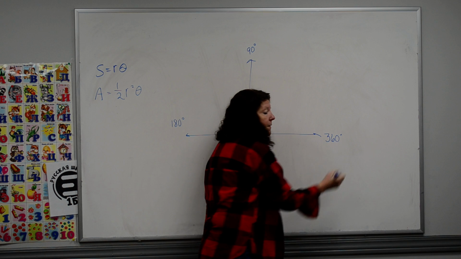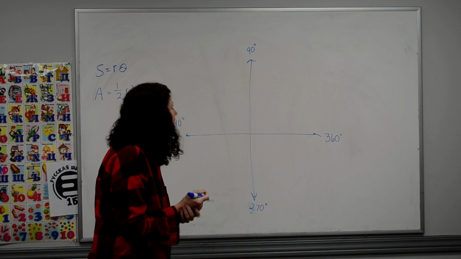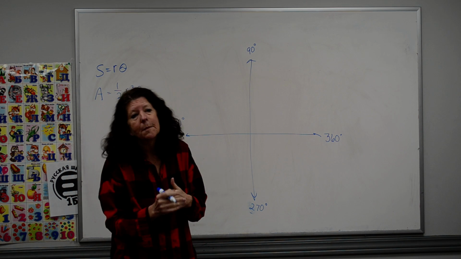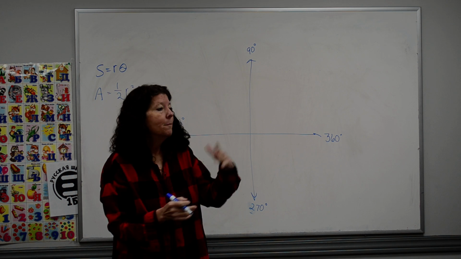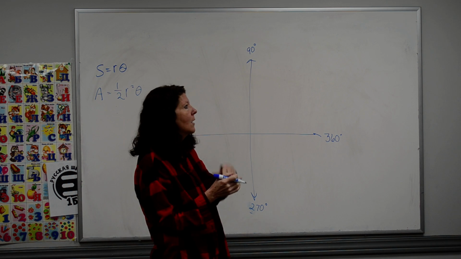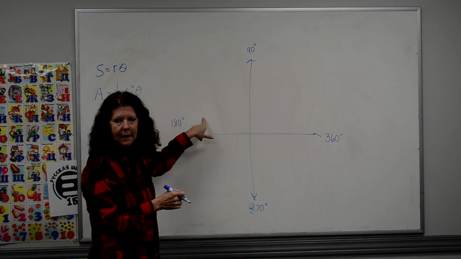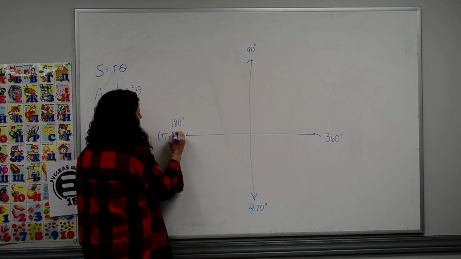So if you turn a complete circle, you've turned 360 degrees. Well, when we compare it to radians, radians typically are in terms of pi. So you have pi radians or a quarter of a pi radian. So basically 180 degrees is the same thing as pi radians.